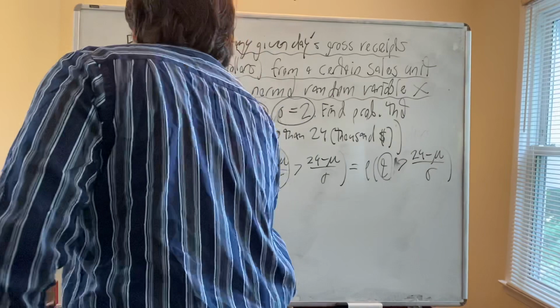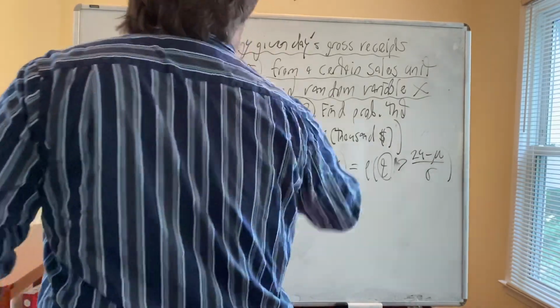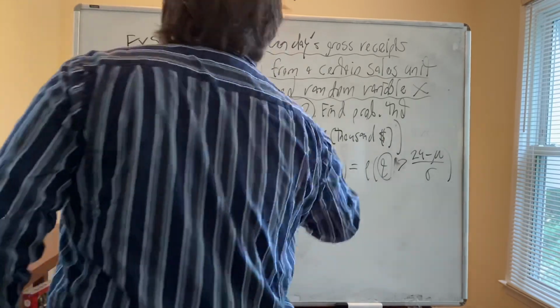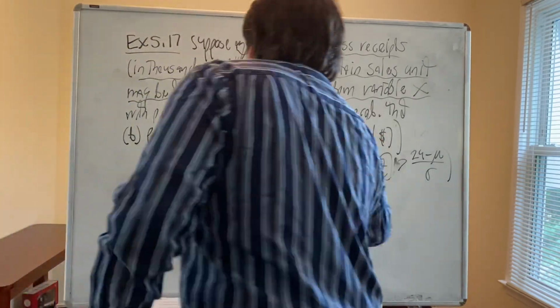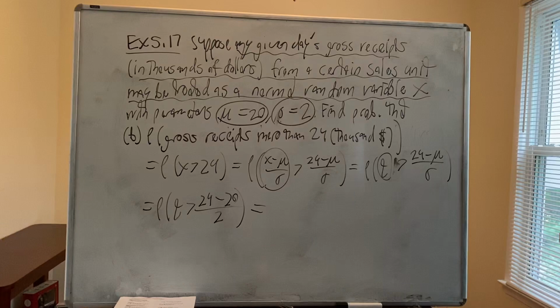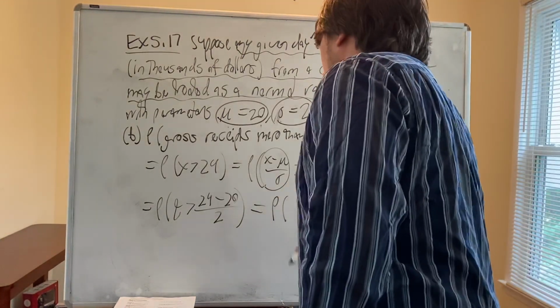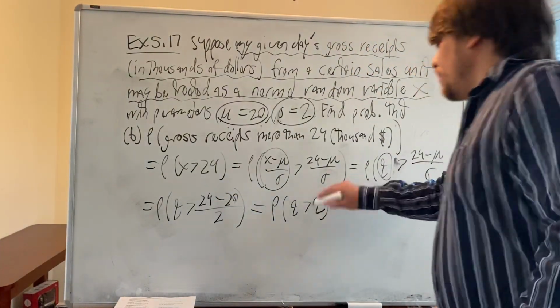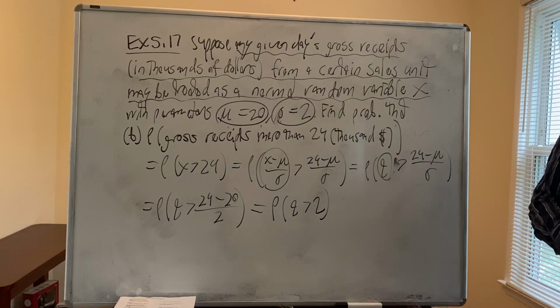And so this is equal to the probability that Z is greater than, and I'm going to plug in mu and sigma, 24 minus mu, which is 20, over sigma, which is 2. So that's the probability Z, our standard normal random variable, is greater than 24 minus 20 over 2. That's equal to the probability that Z is greater than 24 minus 20, which is 4. 4 over 2 is 2. That's the probability that Z is greater than 2.